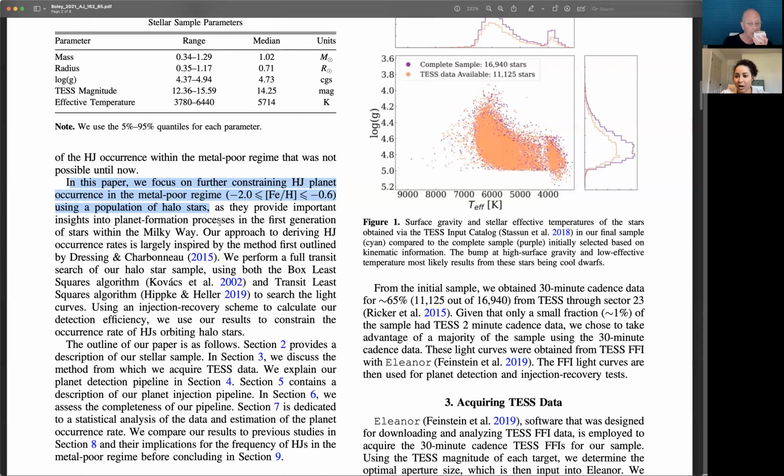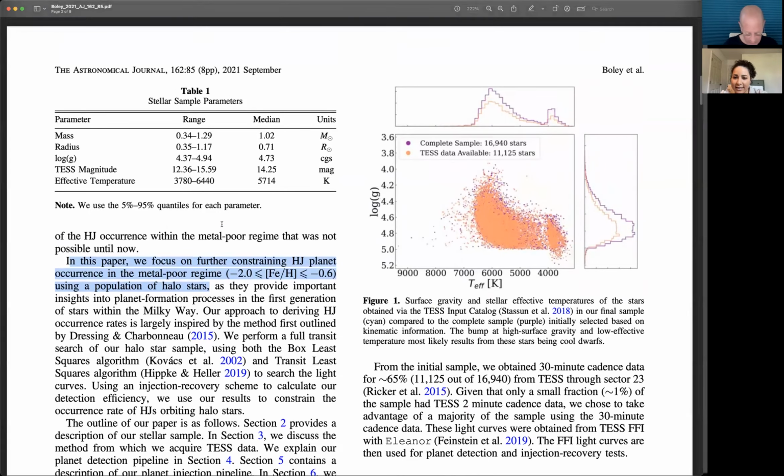Just to give some context, most of the planets that we find are around solar or more metal rich stars. Basically, we haven't detected really any planets below around negative 0.5. So by probing this area, we're really going to be able to start to ask this question: where does planet formation begin?